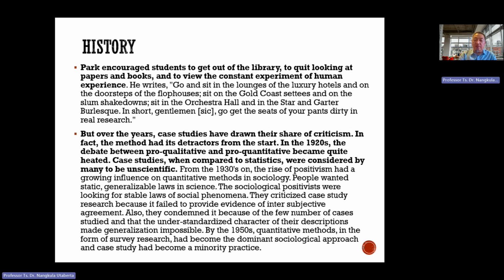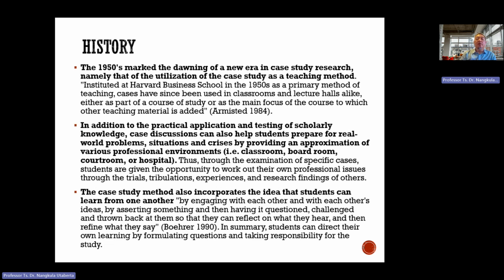So from the 1930s until the 1950s, most positivist approaches in research did not consider case study an important research methodology.